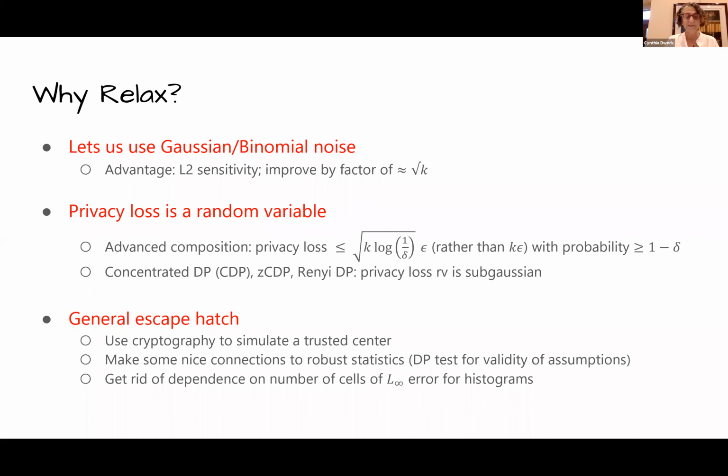It also lets us make some nice connections to the field of robust statistics. Robust statistics is a subfield of statistics that tries to cope with small amounts of measurement error and, in old terminology, a few wild data entry errors. So just some complete craziness.